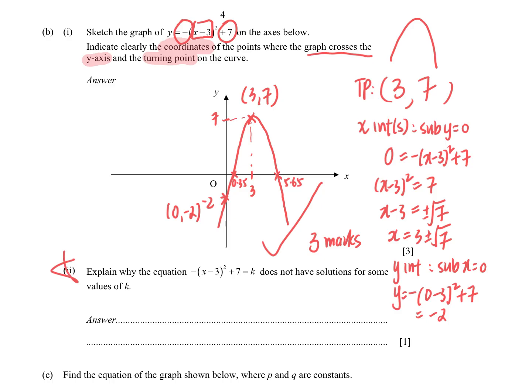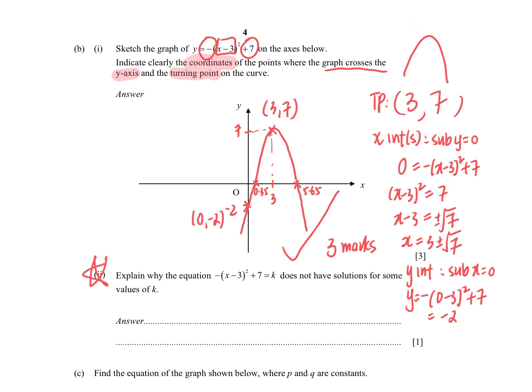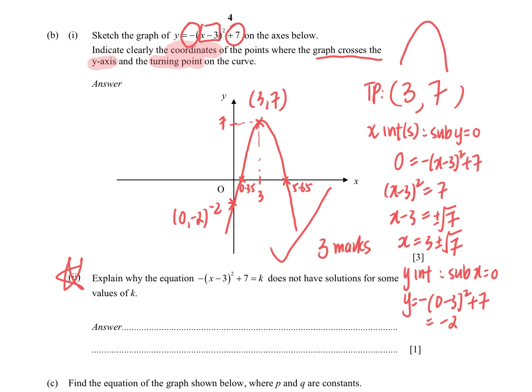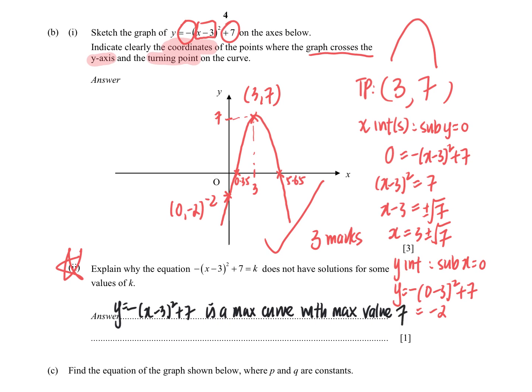Okay, this is where you all lose marks. Explain why this equation does not have solution for some values of k. So you can tell me that this is a maximum curve with maximum value 7, right?